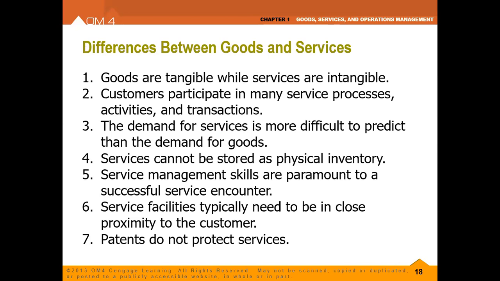Even if we go get a haircut, it's a kind of service, and we tell the hairstylist what we want. So we usually participate while the process is happening. But with a physical product, we don't really participate, like how a TV is made, we don't do that. Usually it's already made and we buy it. Okay.